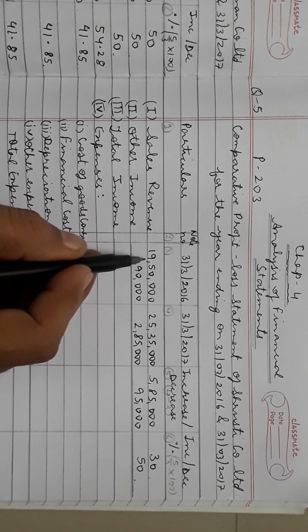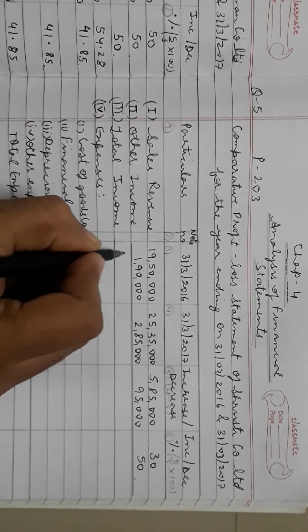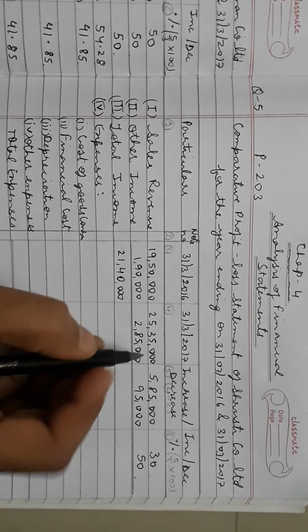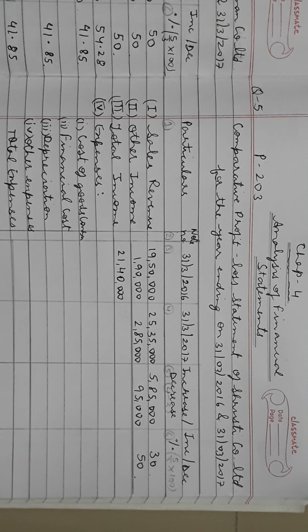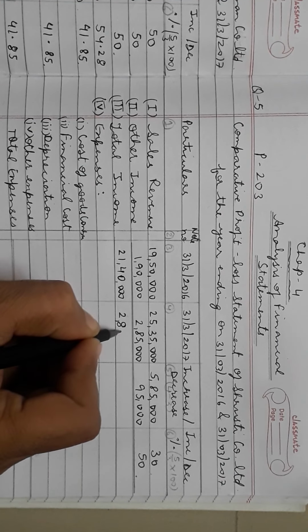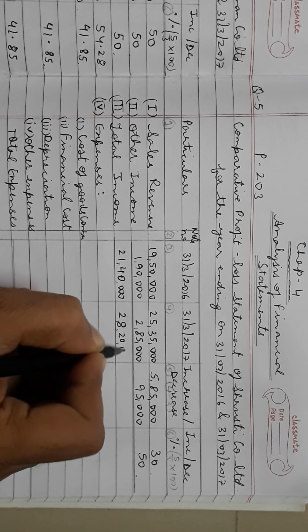Total income, adding sales revenue plus other income, 19,50,000 plus 1,90,000. So it is 21,40,000. For 2017 we'll add 25,35,000 plus 2,85,000. So it is 28,20,000.